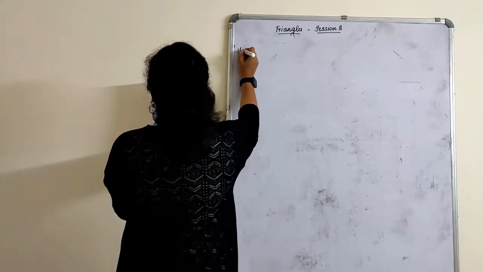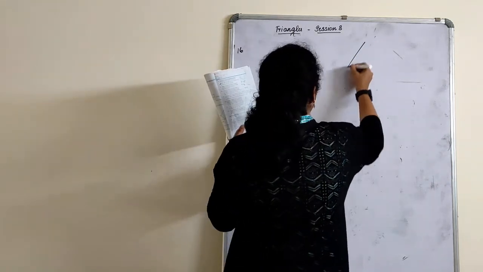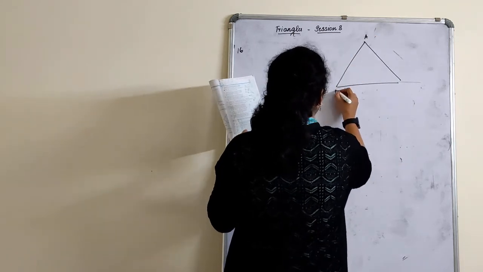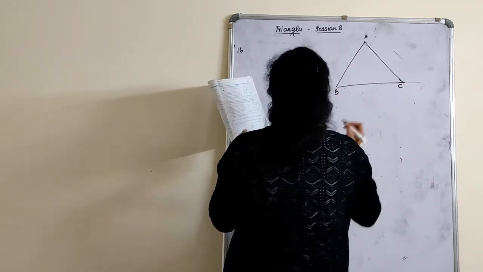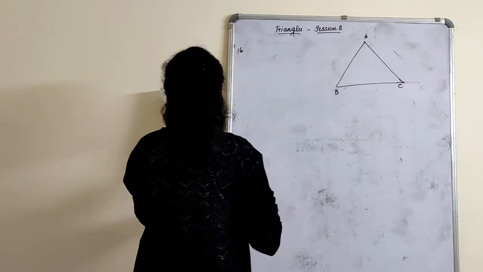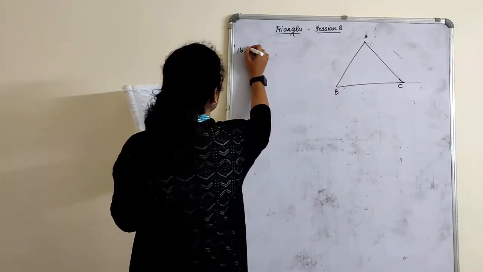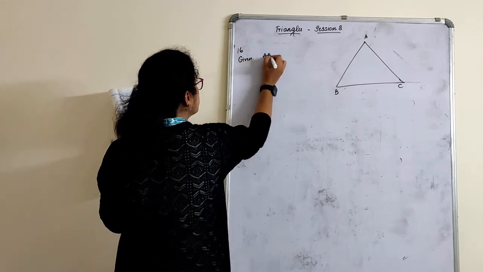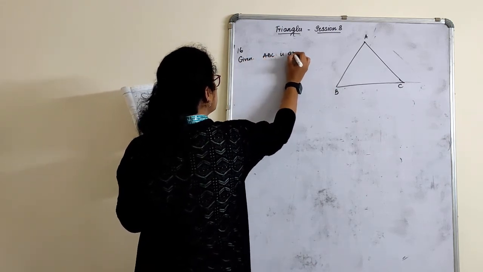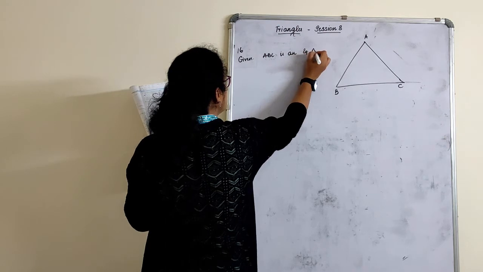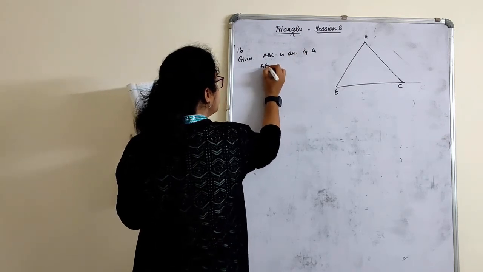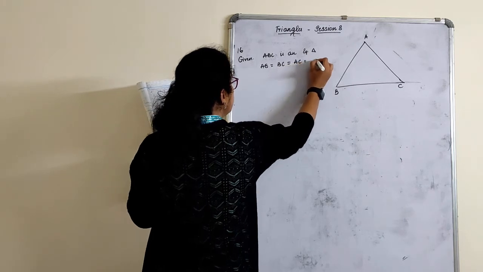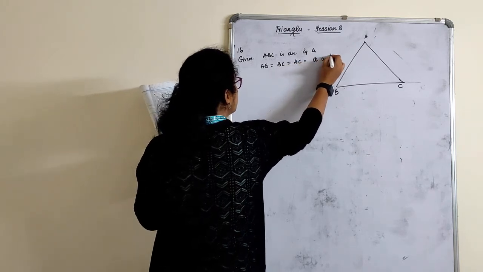16th one, in an equilateral triangle. So ABC is an equilateral triangle. Prove that 3 times... Given, ABC is an equilateral triangle. So AB is equal to BC is equal to AC is equal to a units.